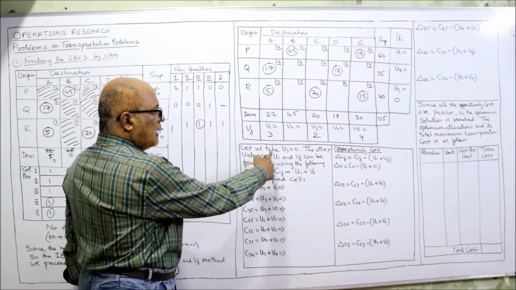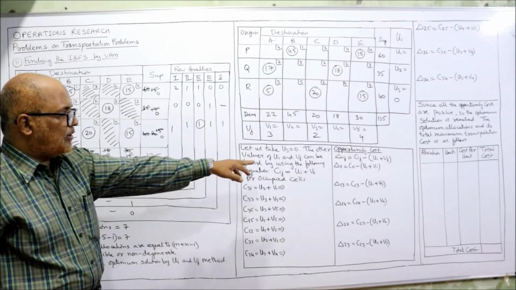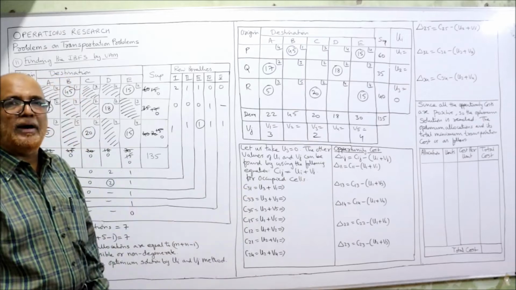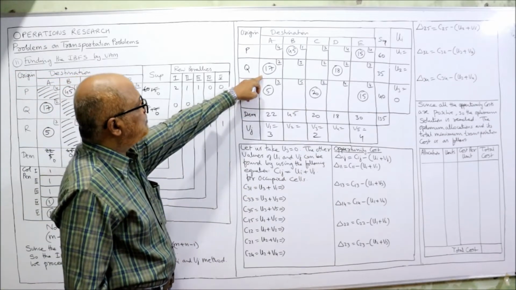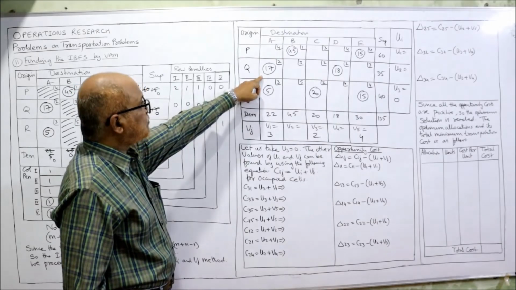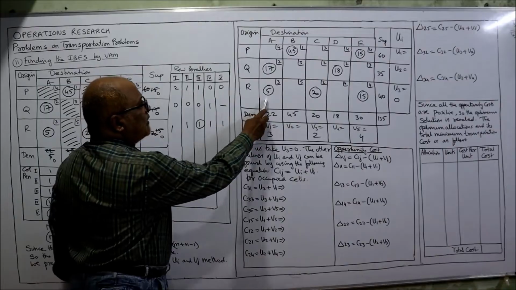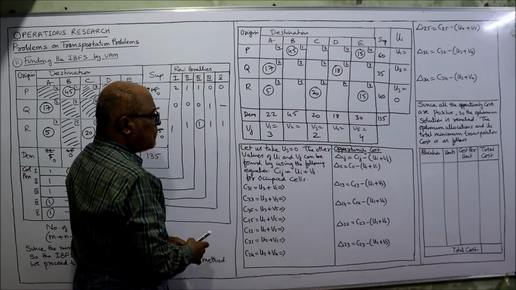Even if we apply the formula, we'll get the same thing. How? I'll show you. Let us take u3 is equal to 0. The other values of ui and vj can be found by using the following equation: Cij is equal to ui plus vj for occupied cells. The first occupied cell I will take is this one, 3, 1. So C31 is equal to u3 plus v1.